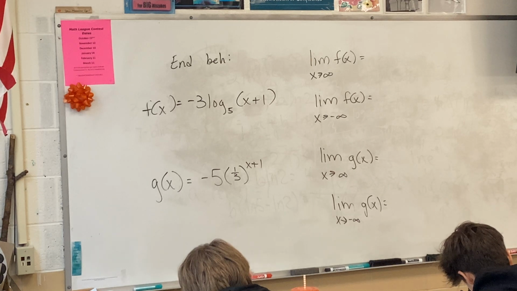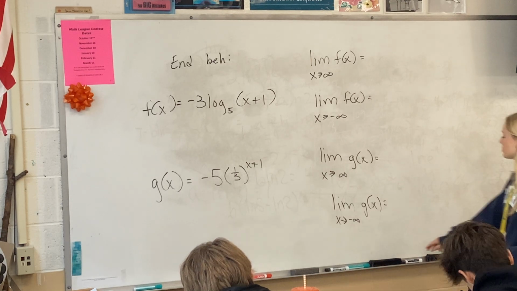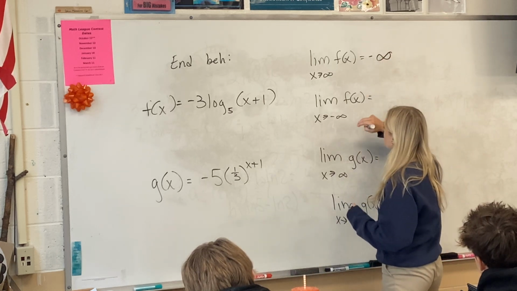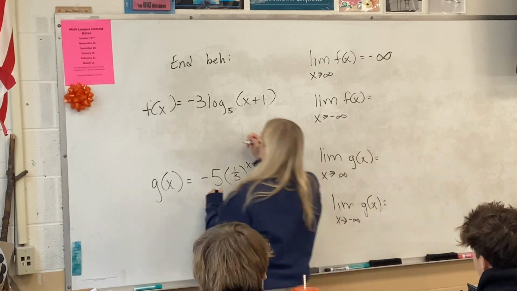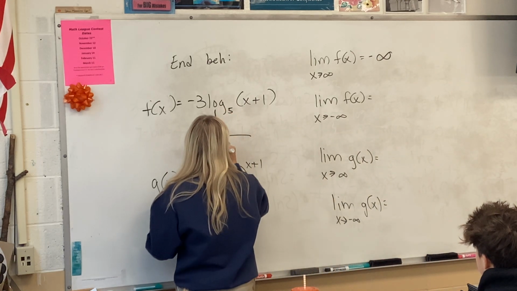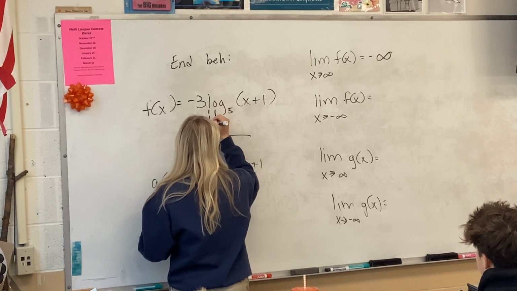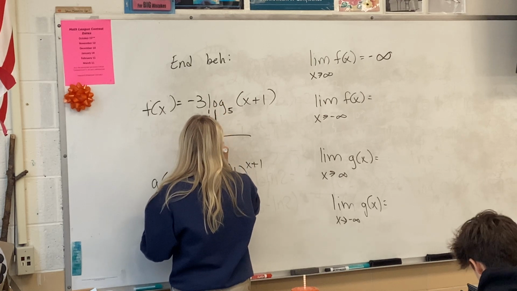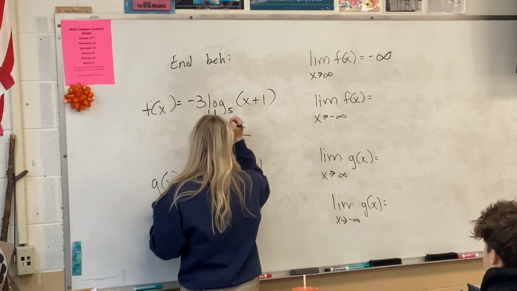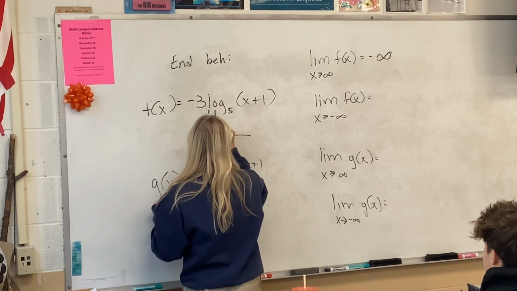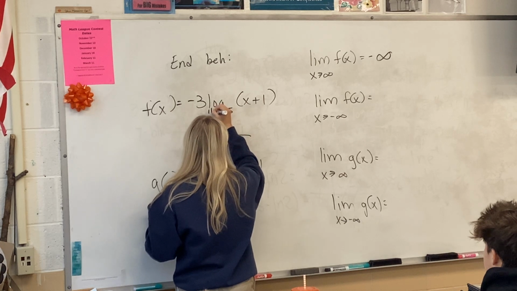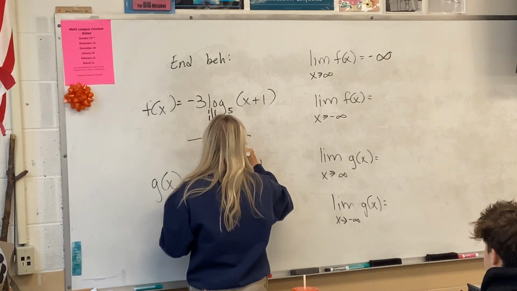So on we go. I would suggest that you draw a picture. I mean, you don't have to, but it helps me to visualize it. So Aubrey's dropping in an asymptote at -1. That makes sense, doesn't it? And she's got her curve decreasing.